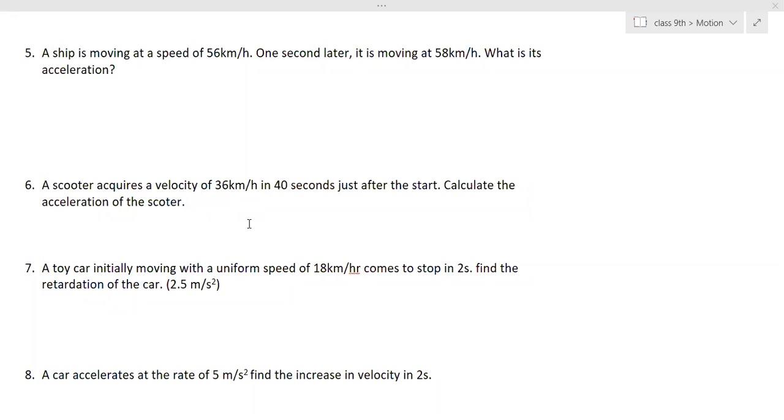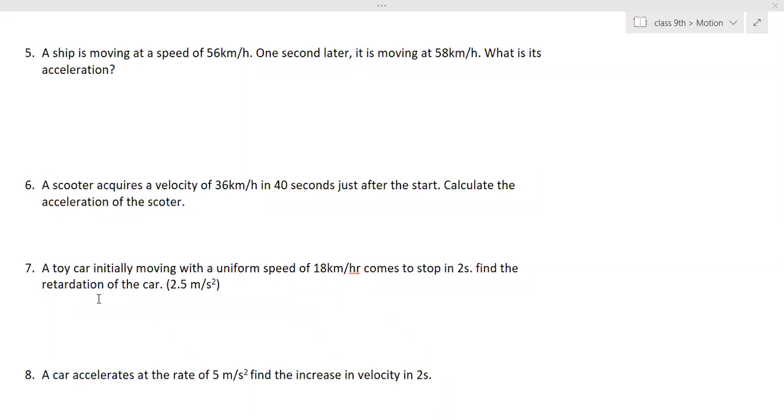Ma'am, I got the answer. Ma'am, we got the acceleration as minus 2.5 meter per second square.